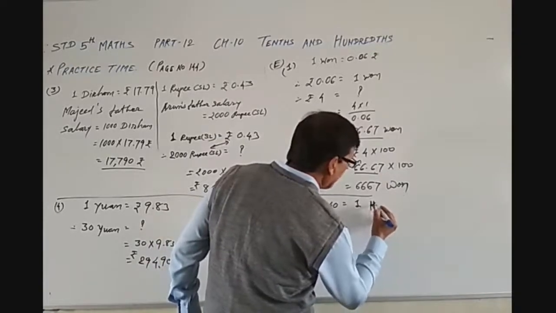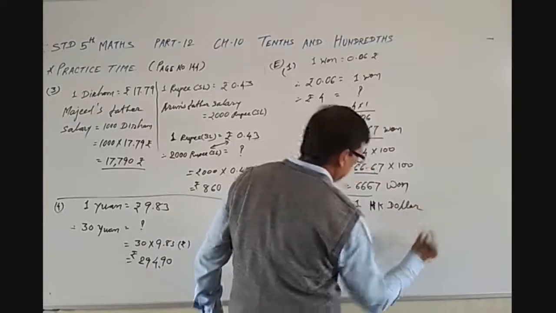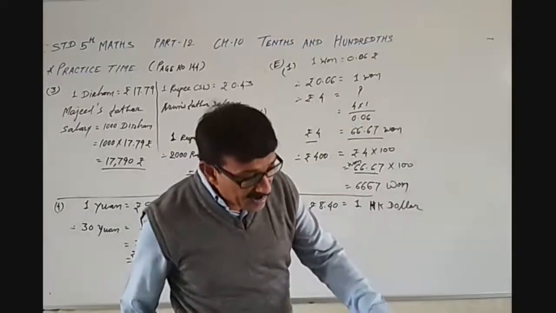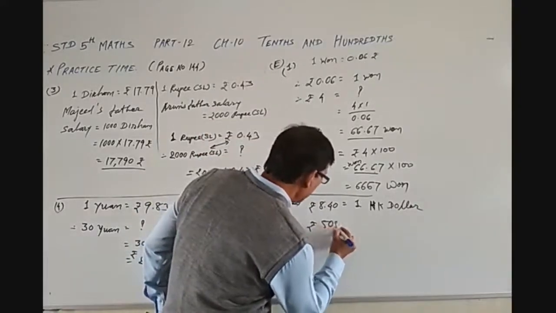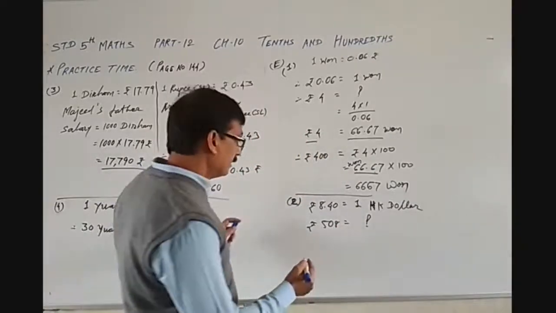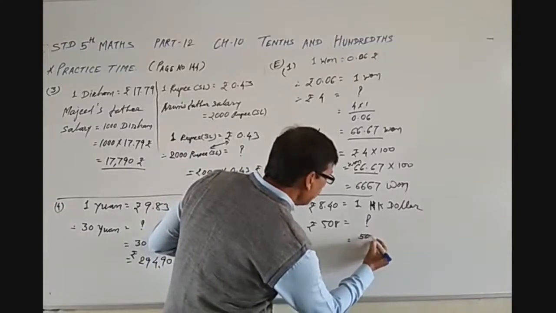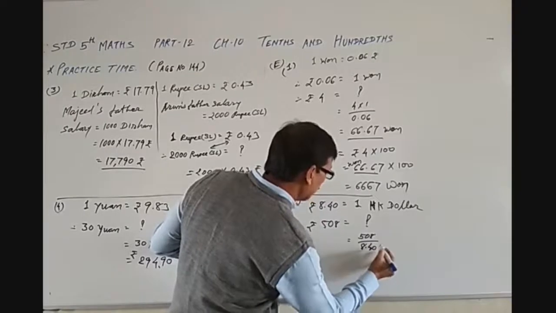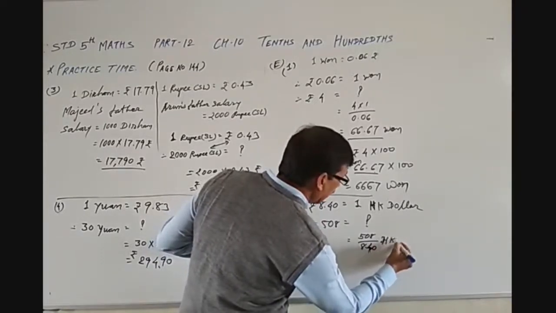HK is Hong Kong dollar. Then she has rupees 508. Then how many Hong Kong dollars? For that we have to go for 508 divided by 8.40 HK dollars.